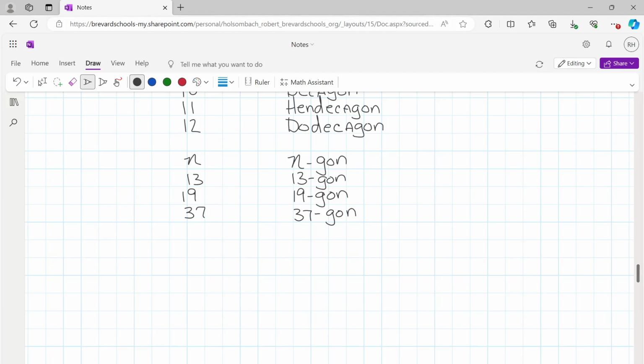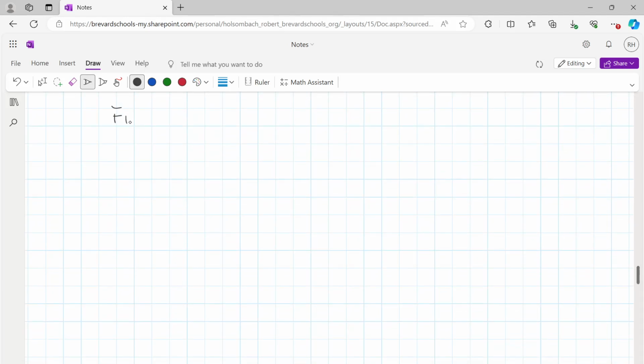So, couple types of problems that you're going to see in your practice today. One type of problem, you'll be asked to find the sum of the measures of the interior angles for each polygon.